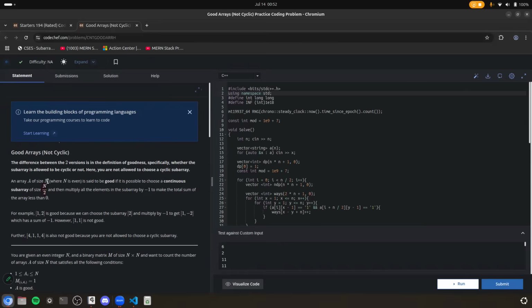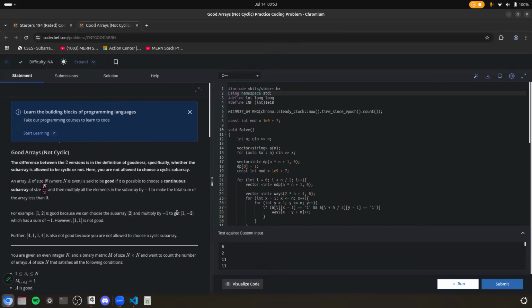So basically an array A of size n, where n is even, is said to be good if it is possible to choose a continuous subarray of size n by 2 and multiply all the elements in the subarray by -1 to make the total sum of the array less than 0. For example, this is good because we can choose the subarray 2 and multiply it by -1 to get 1 comma -2, which has the sum of -1.